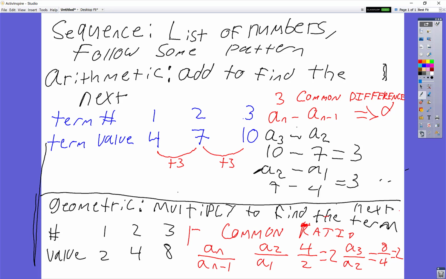I'm going to clear annotations. Allow me, come on, clear annotations.